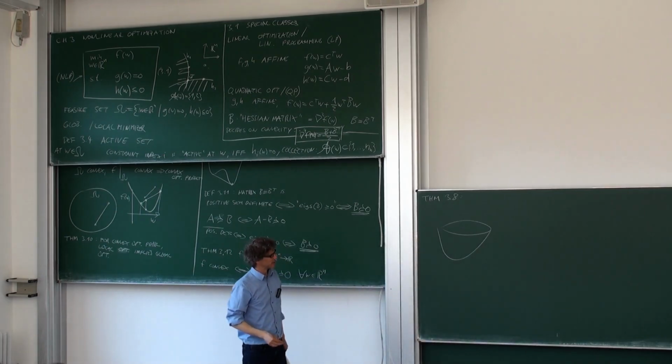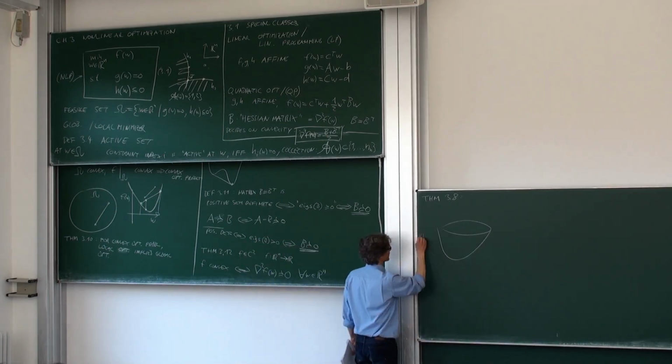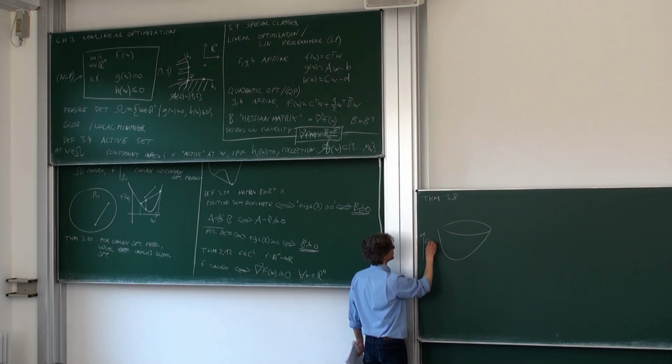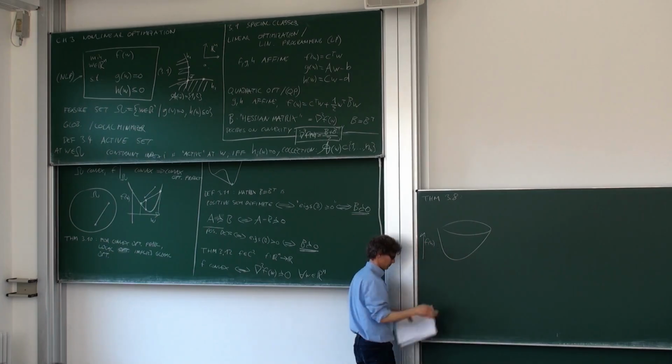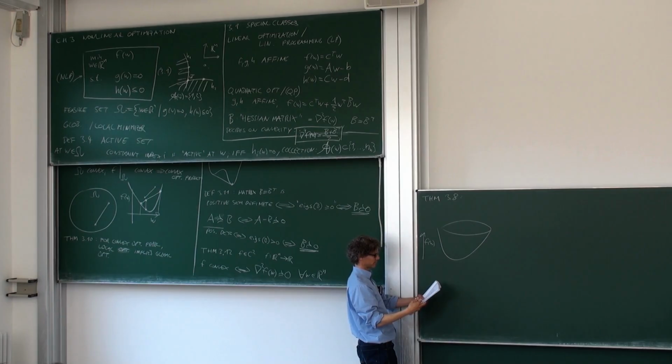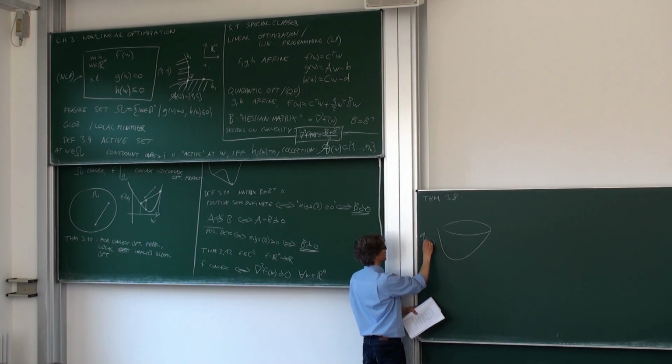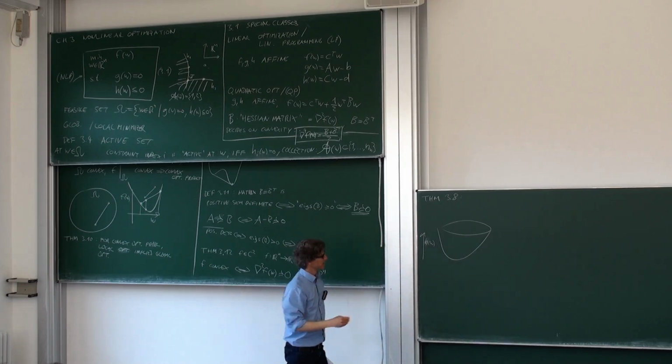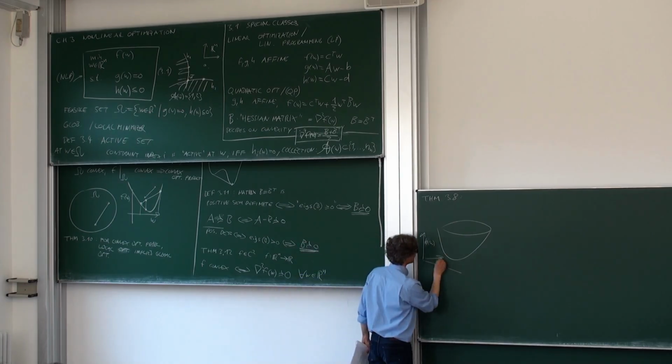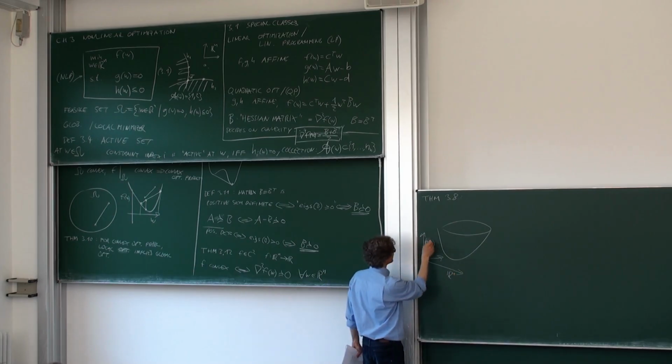At some point, this is like the height of this function. I call it h, and here would be the space Rn. A sublevel set would now be the set of all points where this function is below 0.